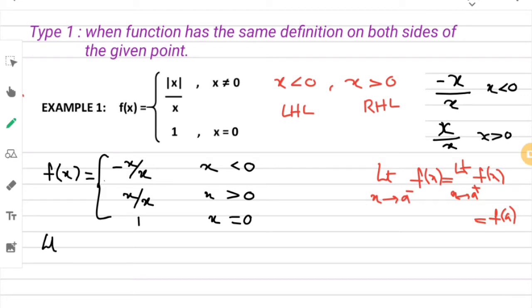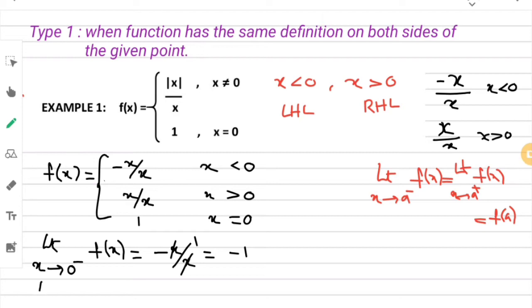Okay, now I am going to substitute the limit. So limit x tends to 0 minus f of x. What is f of x here? Before substituting the value, here I am having minus x by x, right? So this x and this x will get cancelled, you will get minus 1 for the left hand limit.